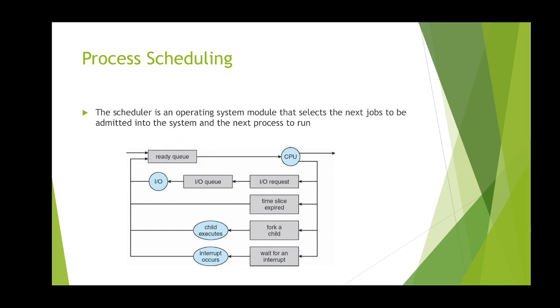So in this ready queue there will be multiple processes, and the process scheduler will select any of these processes from the ready queue and assign it to the CPU for execution. And the scheduler selection is based on the priority of the processes which are waiting in the ready queue.